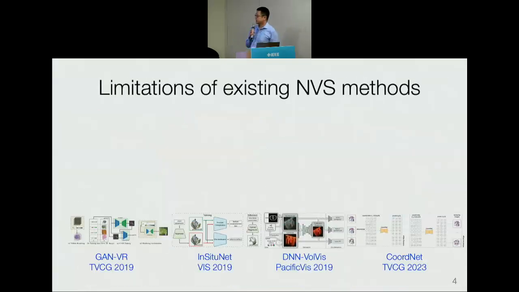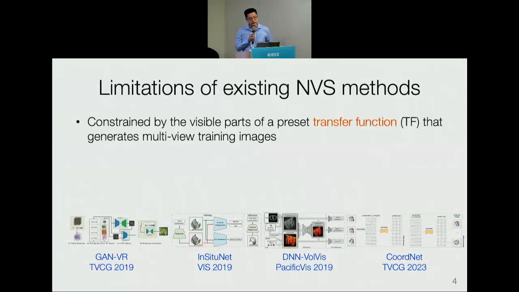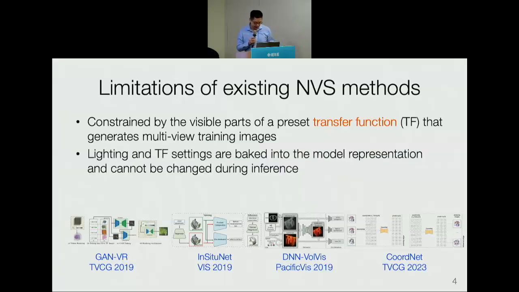In visualization, there's existing work doing visualization generation or novel view synthesis, but there are some limitations. The first is that these are really constrained by the transfer function; they mostly depend on the given transfer functions. The second is that lighting and transfer function are baked into the model representation, which means you can't change them after you train the models.